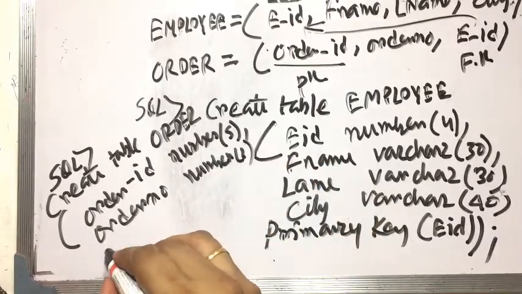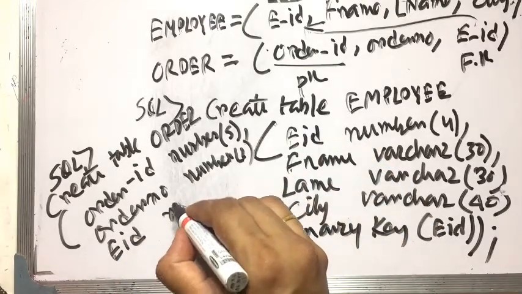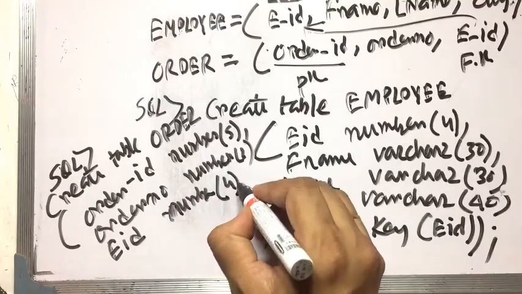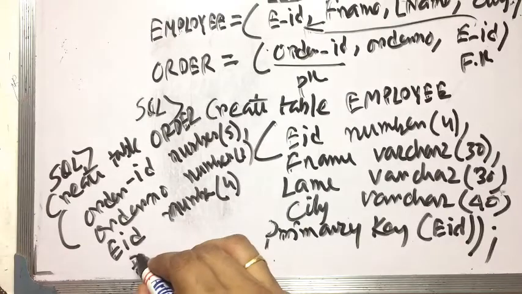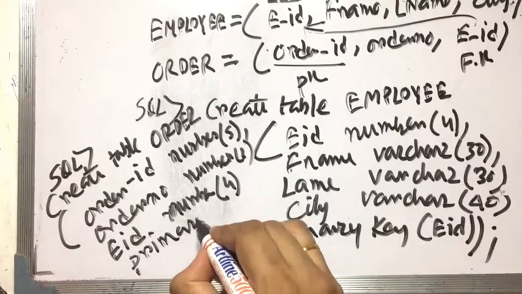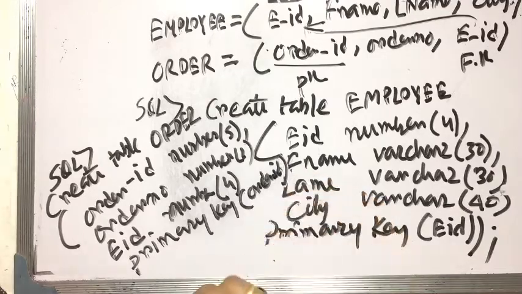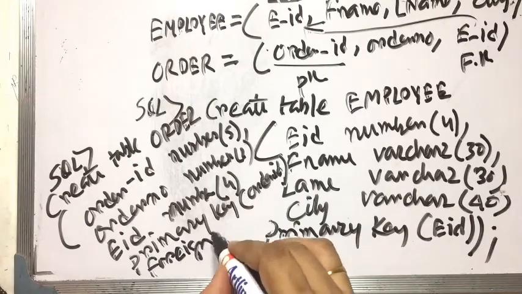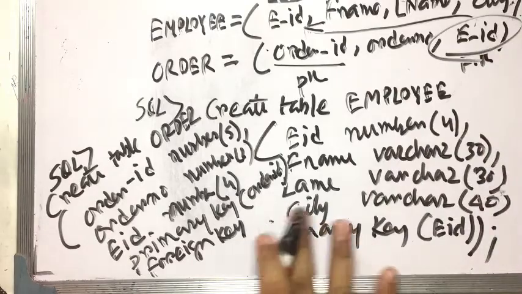EID, that is employee ID, is also a number, suppose 4. Here the primary key is order ID. And now the foreign key: the foreign key is EID.